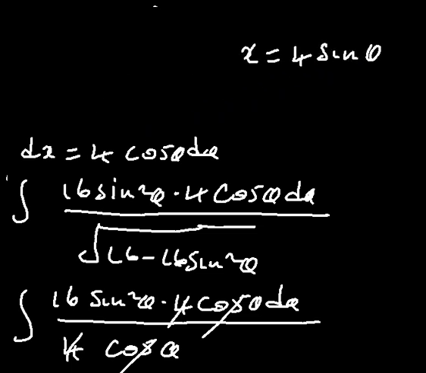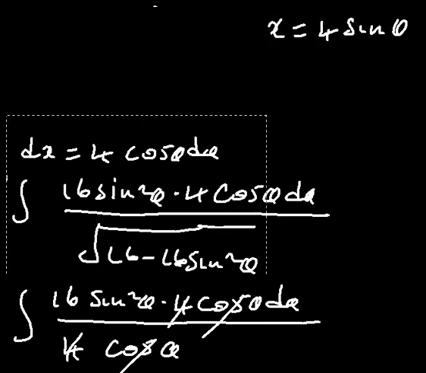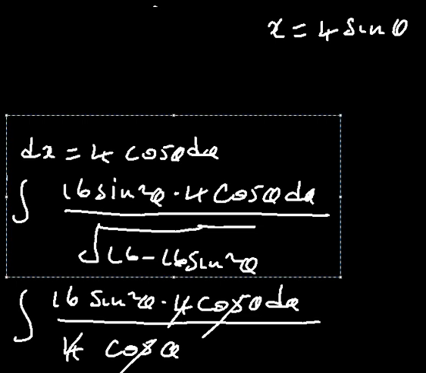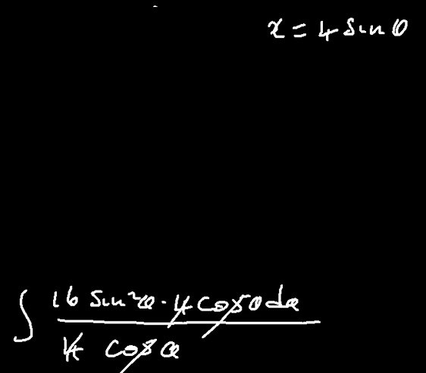Now what we're going to have is the integral of 16 sin square theta d theta. There is no direct integration that can be done on sin square theta, so we have to apply the trigonometric identity.